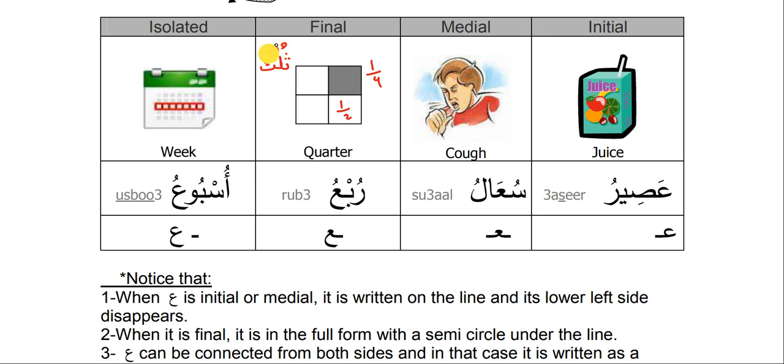Thuluth we say in Arabic, and this is a rubu, and this is nisf: noon, sad, and fa. Nisf, and one is whole, wahid.